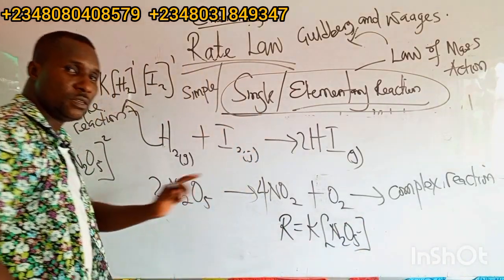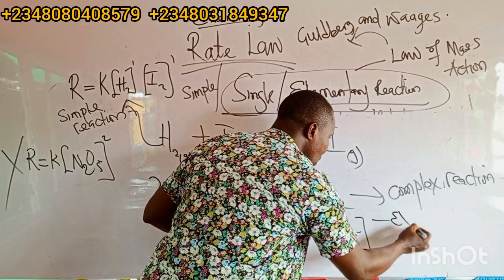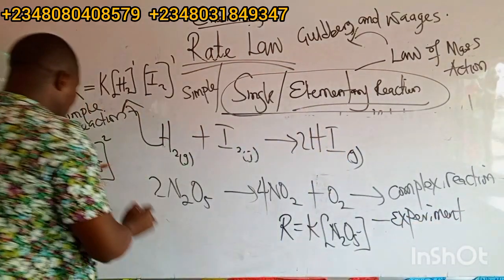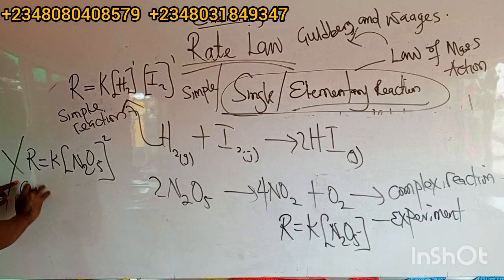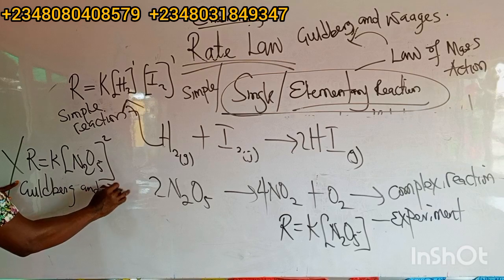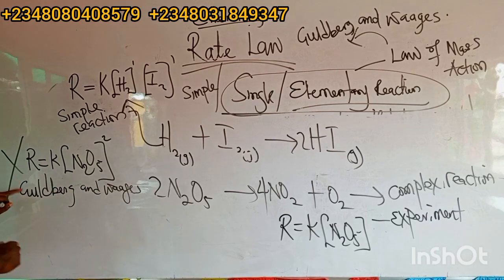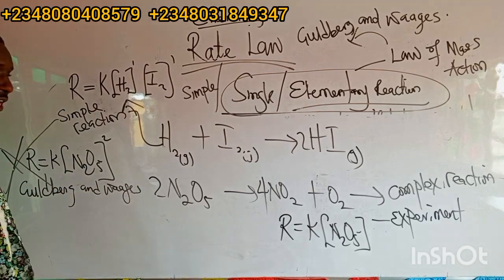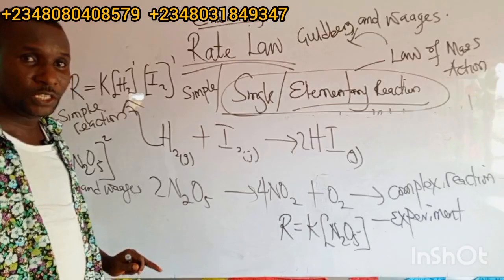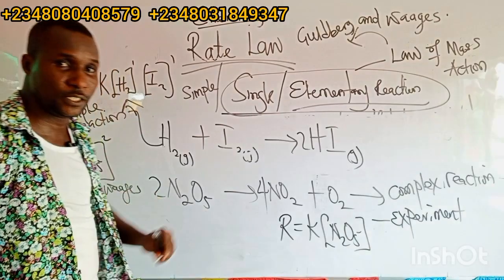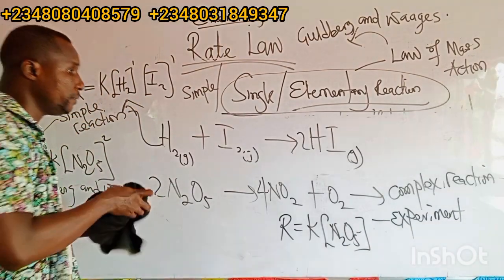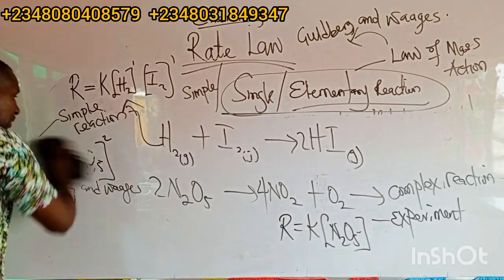This is the true, experimental one. The Guldberg and Waage law of mass action is wrong here because it's a complex reaction. It can be determined through experiment. The real rate law is this. Take note of that. Then let's move further.